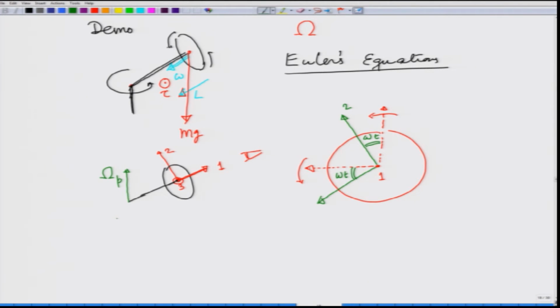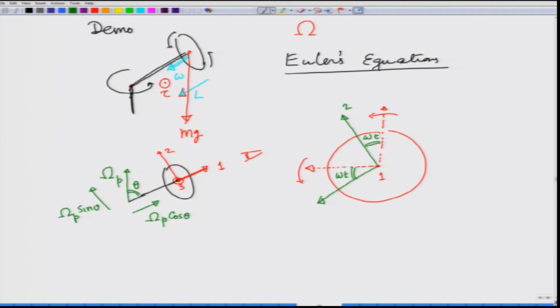Now, if you notice, if this is at an angle theta from the vertical, omega p has a component along 1, which is omega precession cosine of theta, and a component along, at this time, 2, as omega p sin theta.